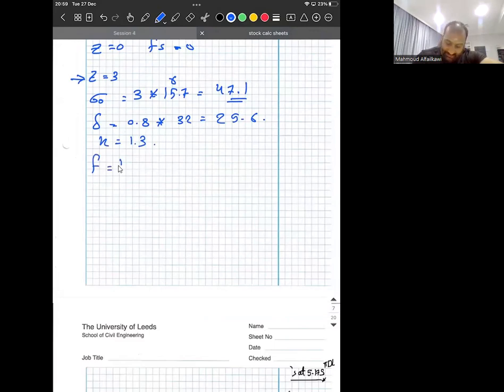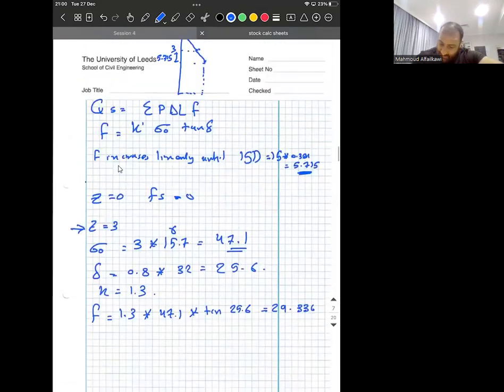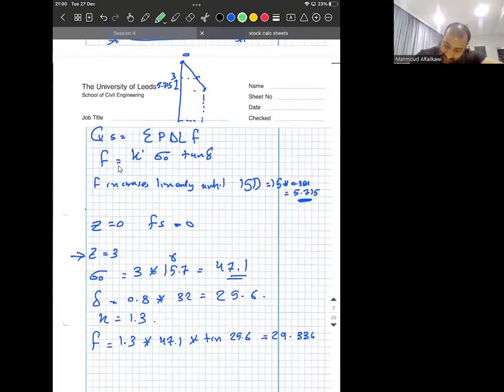Fs has many names. 1.3 multiplied by 47.1 multiplied by tan delta, which is 25.6. This equals 29.336. So I go upstairs here, and I write here that it's going to be 29.336.